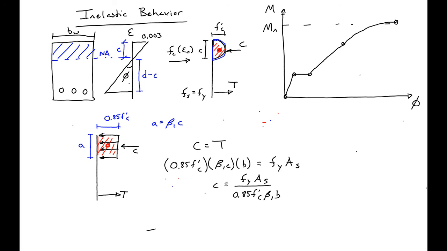And then we can also solve for our moment, our moment just equaling a force, which we'll say we'll calculate our moment about C. So we'll just have our force As Fy times our lever arm, which is d minus beta 1 c over 2. So these are two expressions that we'll be using a lot in this course.